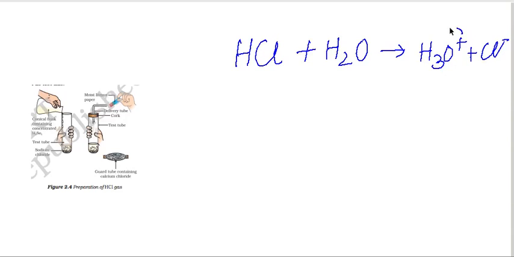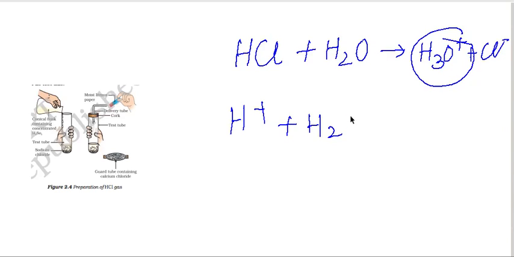This H3O plus is nothing but H plus bonded with water. This H plus ion cannot remain alone, so it has to combine with water to remain as H3O plus, and all the acidic solutions contain this H3O plus ion, due to which they are acidic. So H3O plus ions are the characteristic ions present in the acids.